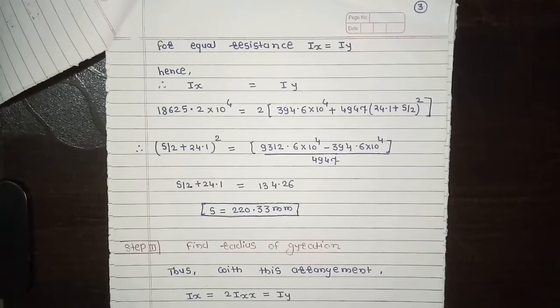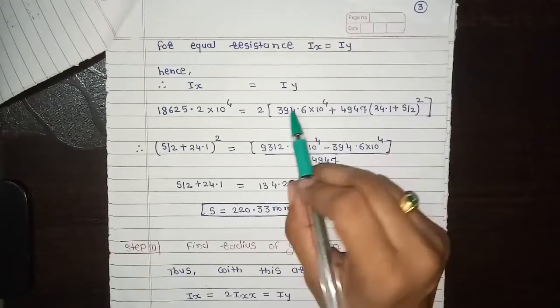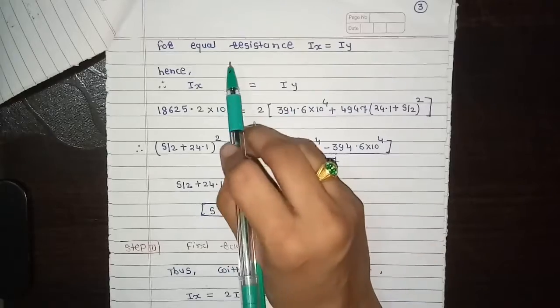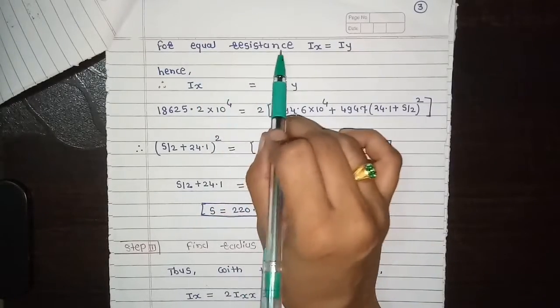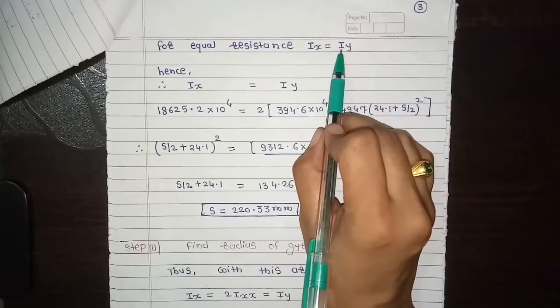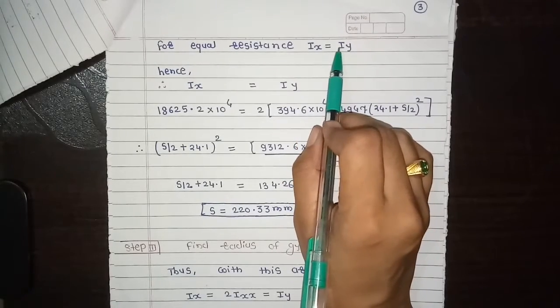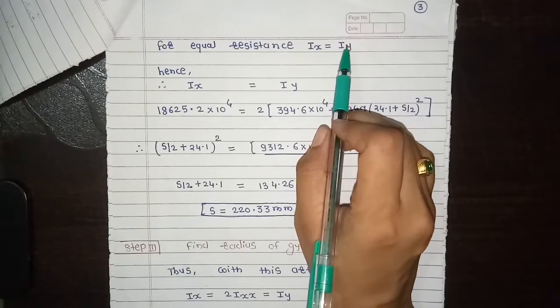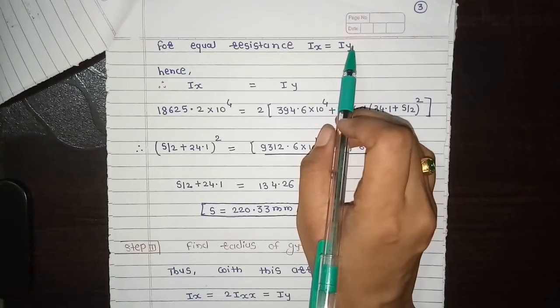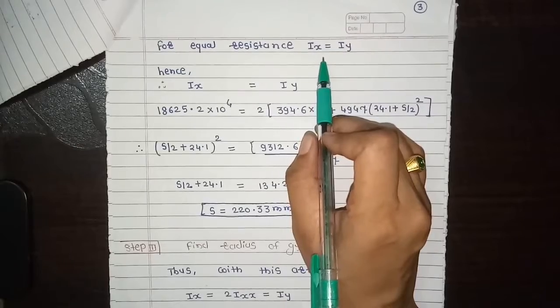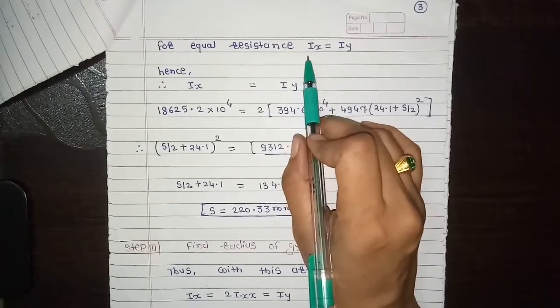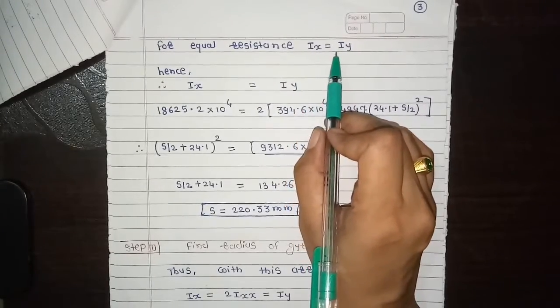So equating these two equations, Ix and Iy, for equal resistance, Ix is equal to Iy.